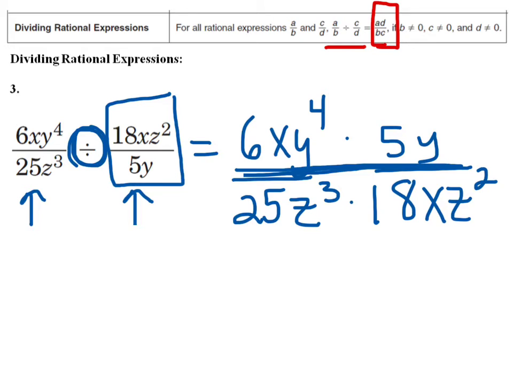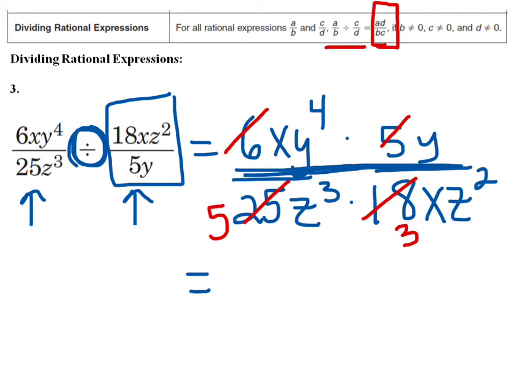Now we can cancel common factors and write our result down below. Now we know that 5 goes into 25 evenly, so let's just cancel the common factors in this fashion. So the 5 goes into 25 5 times. This 6 goes into 18 3 times.